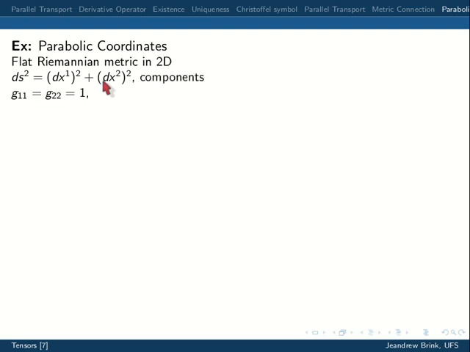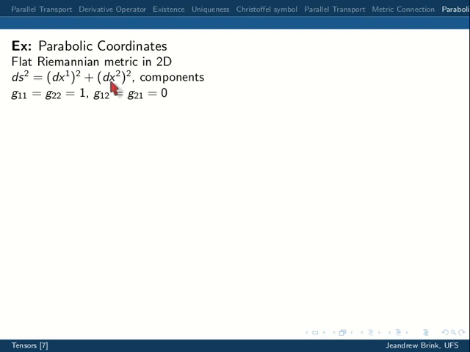And the components of the metric are 1, 1, and 0, 0. From this, you can immediately see that if you take derivatives of this metric, you immediately get 0. Therefore, the Christoffel symbols of your connection vanish. That's if your metric is just the ordinary one, in Cartesian coordinates.